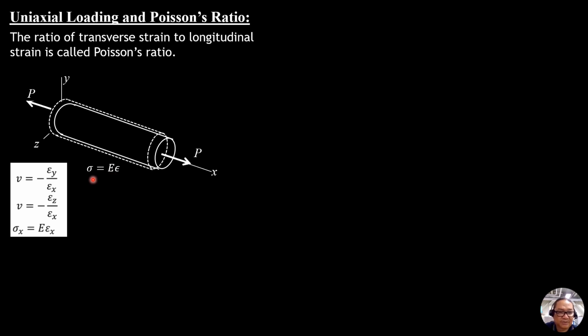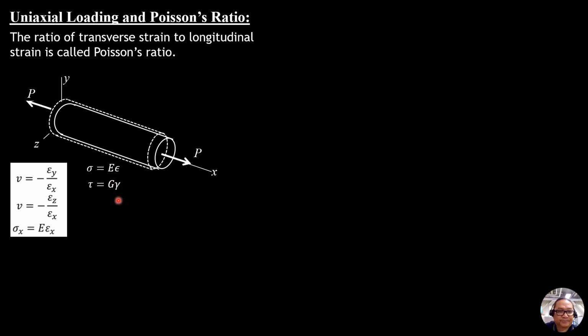Shear stress, also within the proportional limit, should equal G, the shear modulus of elasticity, times the shear strain, which is denoted by gamma. So they are essentially the same.